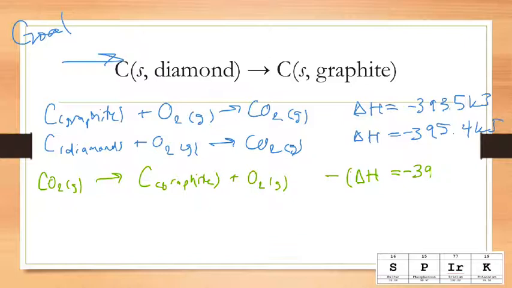Sorry, that should be 393.5 kilojoules. Since we inverted our equation, we have to multiply our delta H by negative 1. And we can leave our bottom equation alone because we have diamond on the left-hand side.